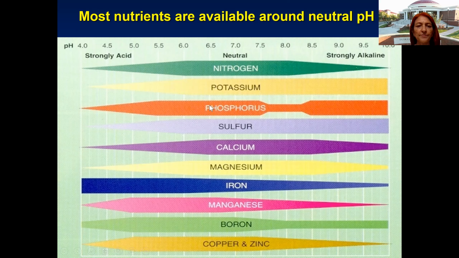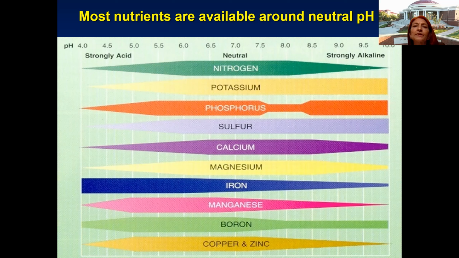If you look at phosphorus, at 5.5 and below, the availability narrows, and between 7.5 and 8.5 it narrows and again increases. So looking at this band, you will have an idea of what pH should be maintained in the soil for different nutrients to be available to the plant roots.